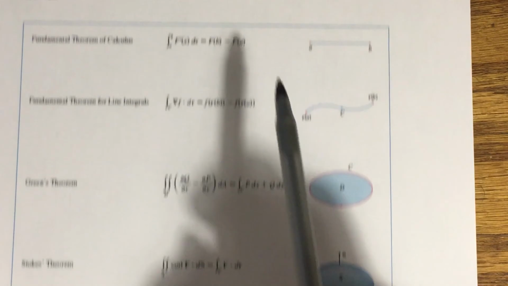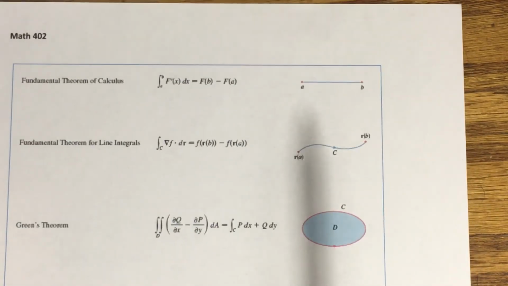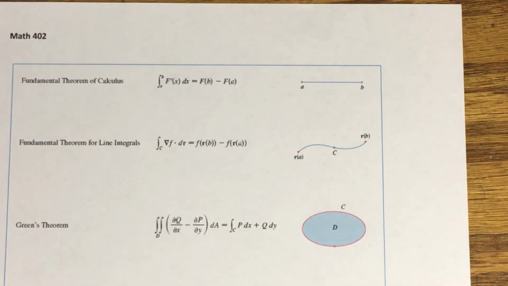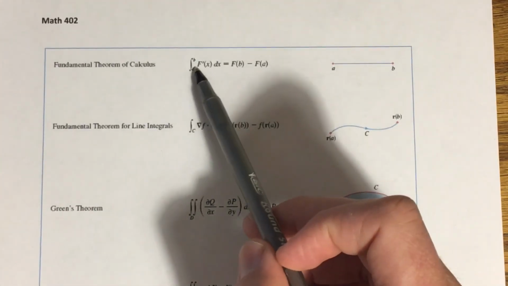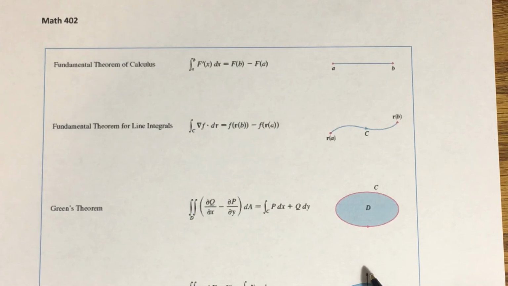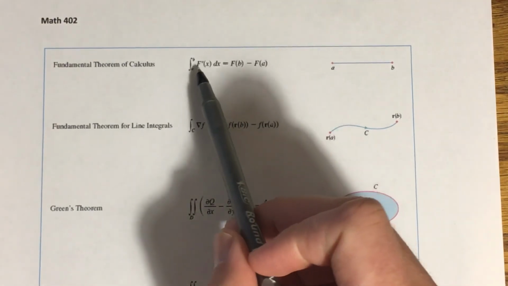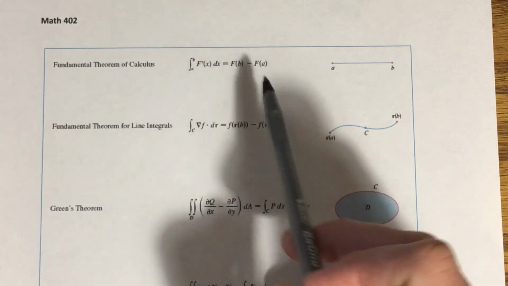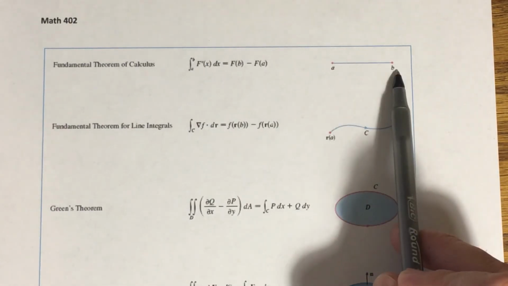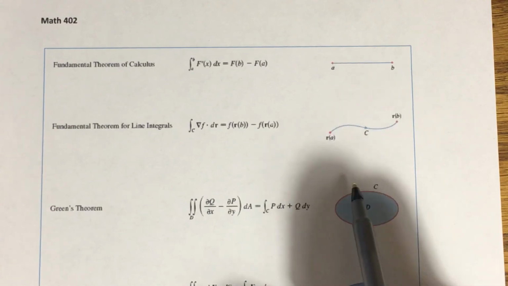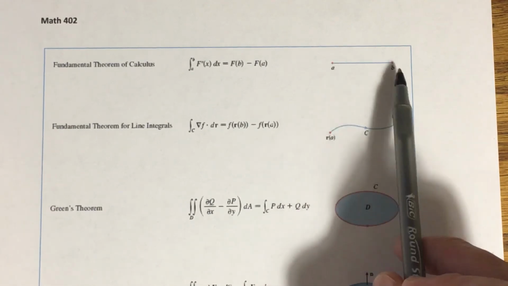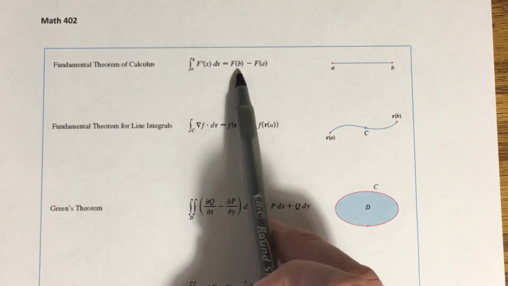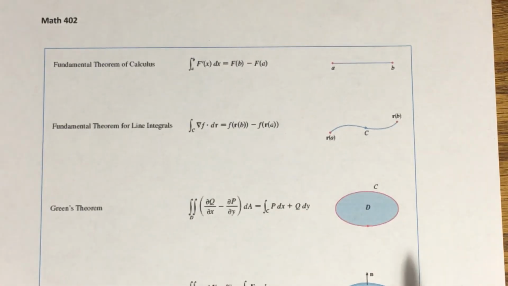Not only that, what are we doing with those functions? Well, we're evaluating those functions along the boundary of whatever set we were integrating over in the first place. So what do I mean by that? In the case of a definite integral, we integrate along intervals from a to b. I can think of the endpoints of this interval as the points a and b, which are exactly the points that we're using on the right-hand side here to evaluate that definite integral.